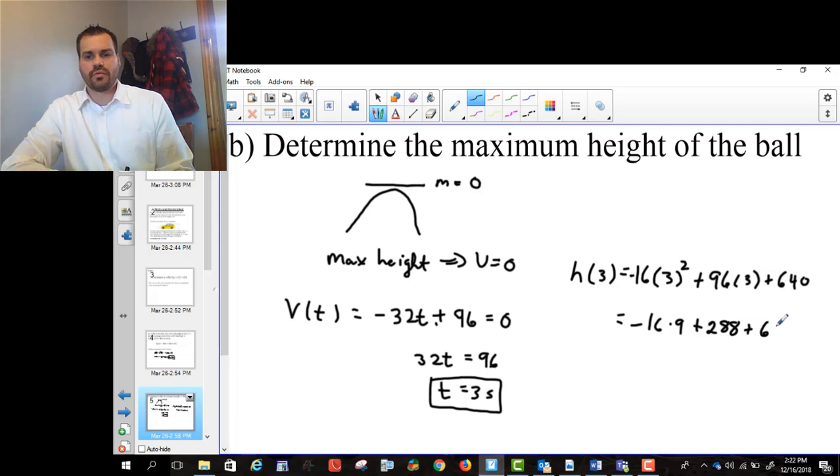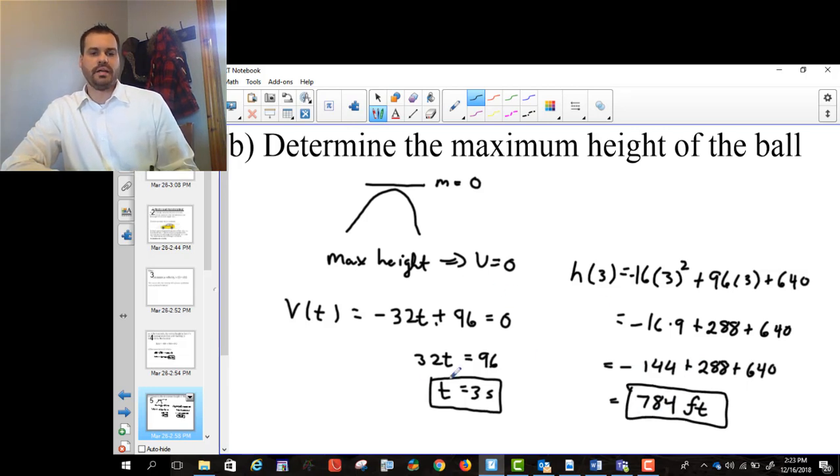And then plus 640. 16 times 9, that's 90 and 54, so it's 144, minus 144, plus 288, and then plus 640. So if I add those all together, it gives me 784 feet. Okay.